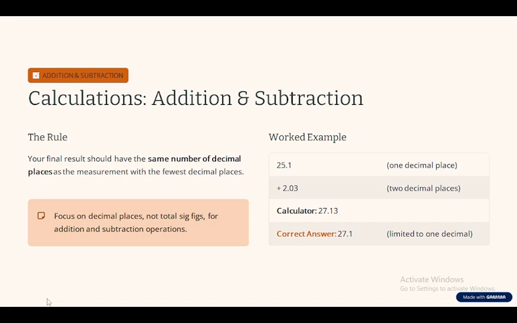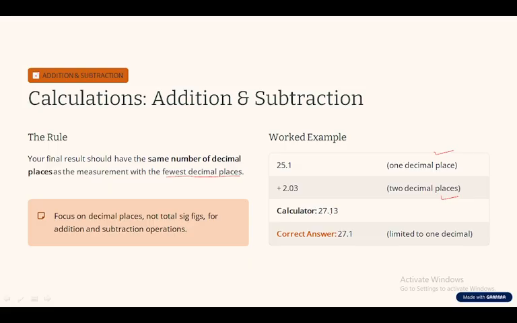Calculations for addition and subtraction. Your final result should have the same number of decimal places as the measurement with the fewest decimal places, right? Focus on decimal places, not total significant figures, for addition and subtraction. For example, 25.1 has 1 decimal place, 2.03 has 2 decimal places.